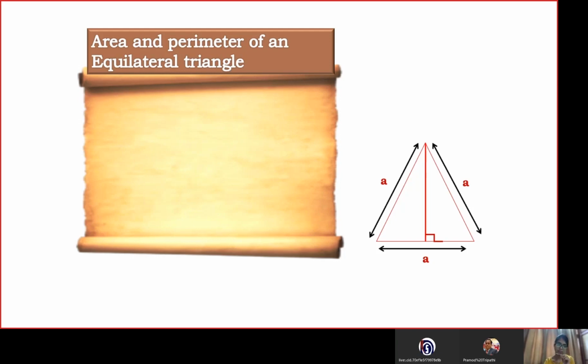The area of such a triangle is given by the formula root 3 by 4 into side square. Root 3 by 4 into side square. If the side you have taken as a unit, then it will become root 3 by 4 into a square.